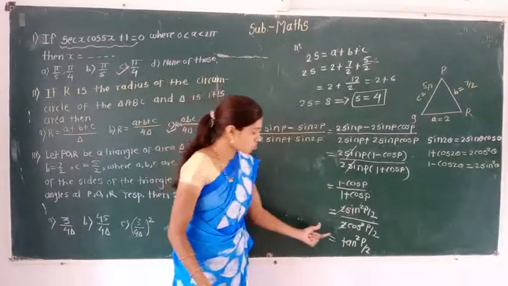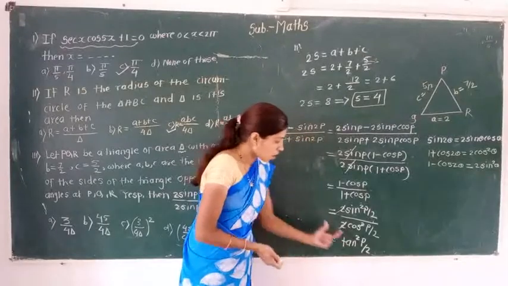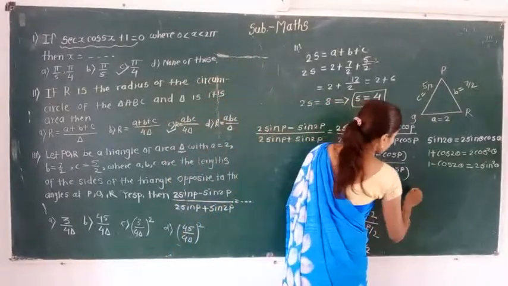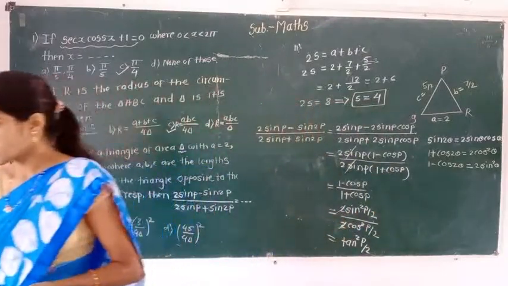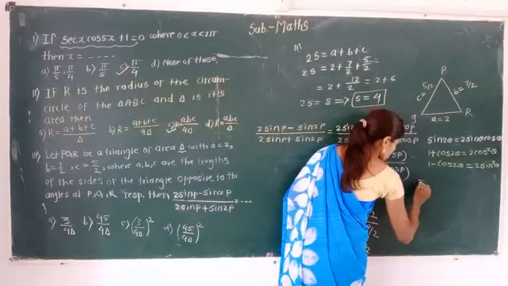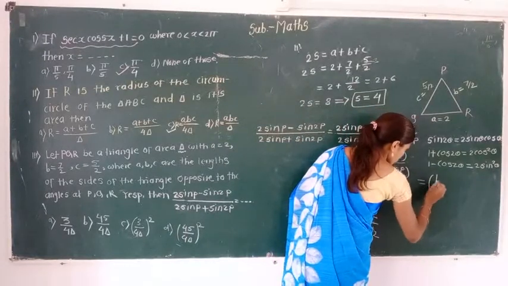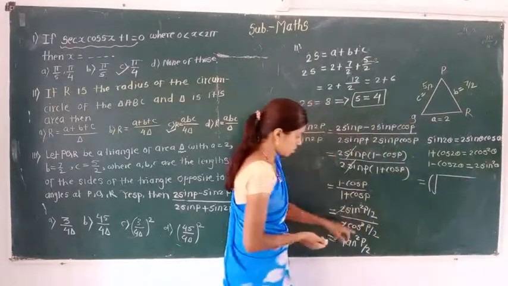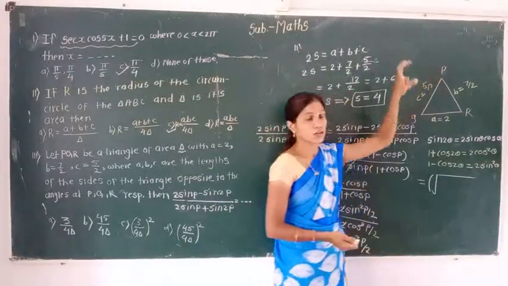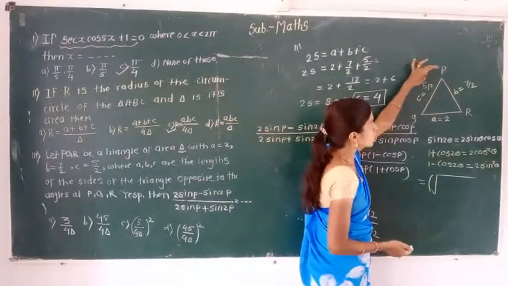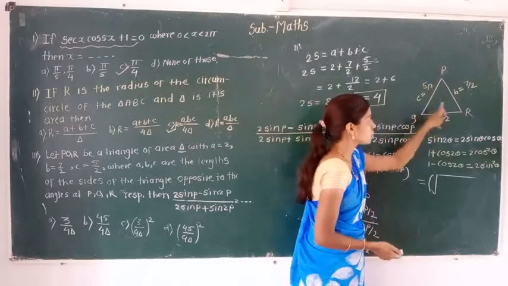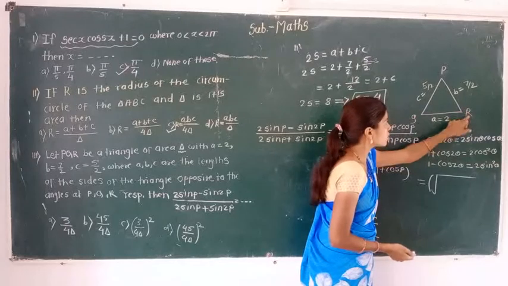Now use the half angle formula in terms of tan. We know the half angle formula of tan p by 2 is square root of... see here, p is considered as angle A. We know that the opposite side of angle A is small a, angle B is small b, angle C is small c.